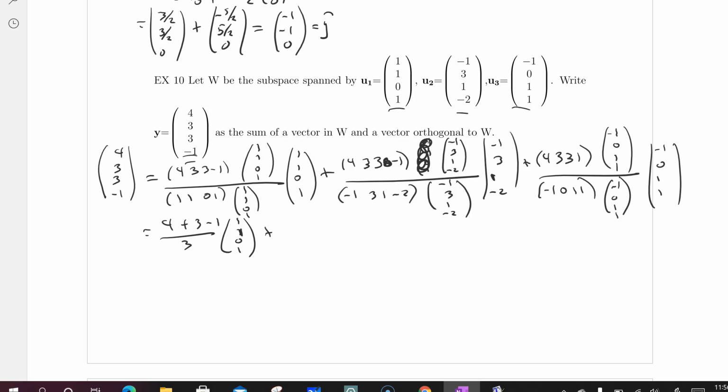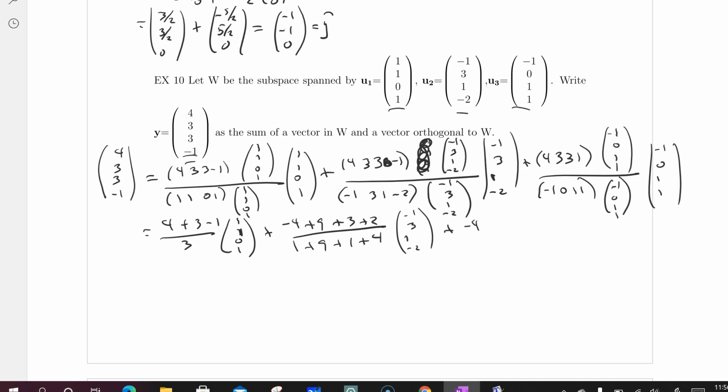Plus, dotting these together, I get -4 plus 9 plus 3 plus 2 all over 1 plus 9 plus 1 plus 4, multiplied times this vector, plus.